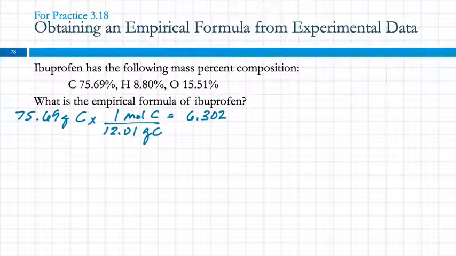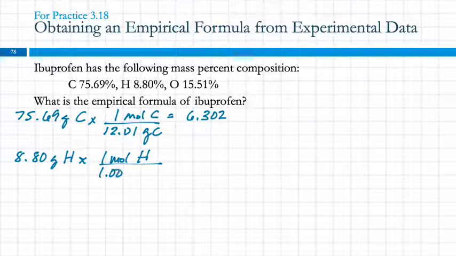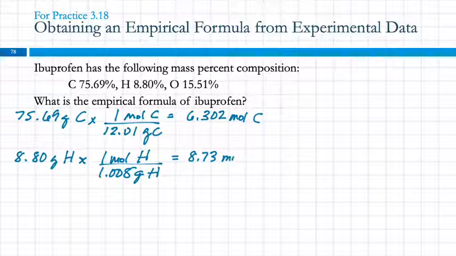This time I'm going to just see what happens if I keep the minimum number of significant figures and live life on the edge today. 8.80 grams of hydrogen, converting to moles. .73. So this is moles of carbon, moles of hydrogen. 15.51 grams of oxygen.